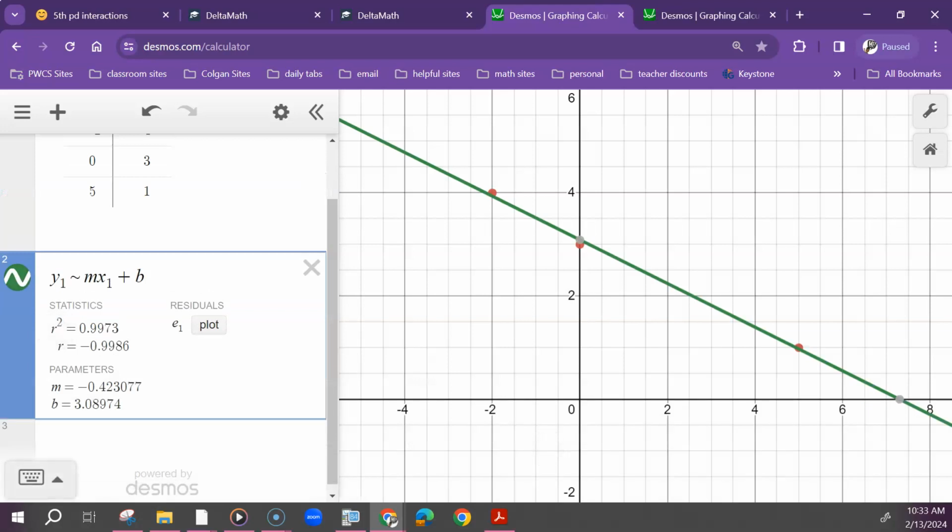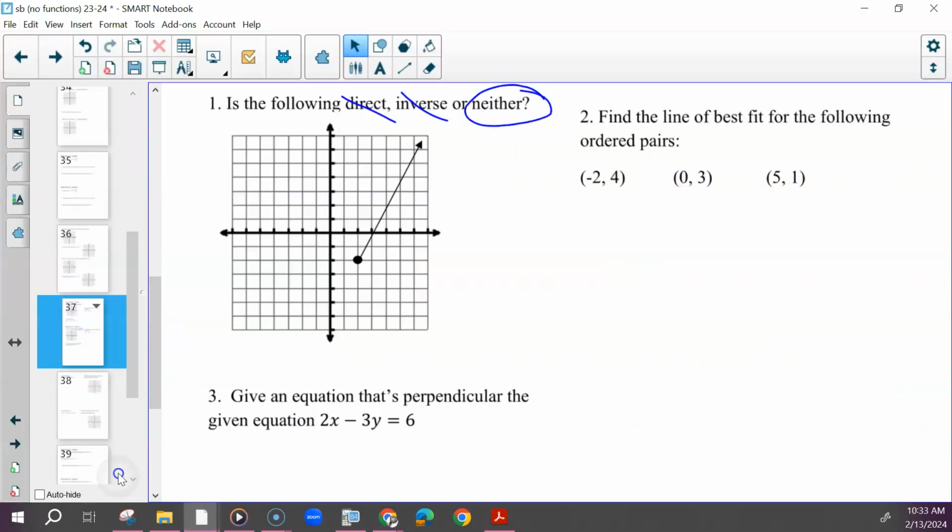To get your line of best fit, the line that best fits this set of data, and that would be your y equals negative 4.23x plus 3.09 if you're rounding.